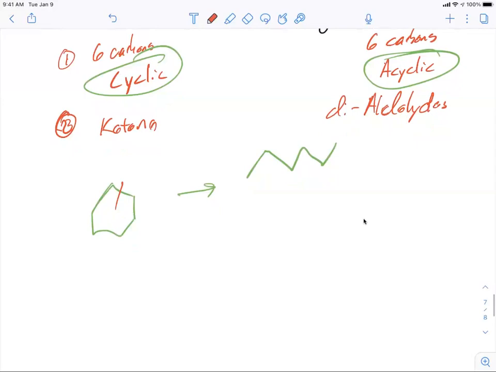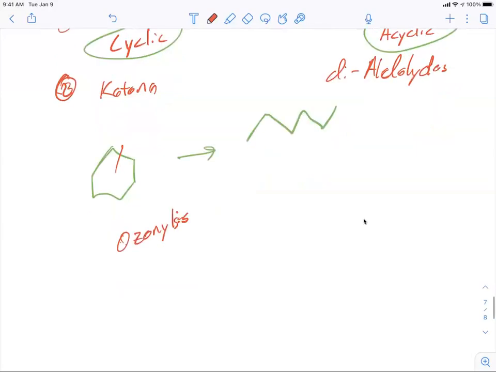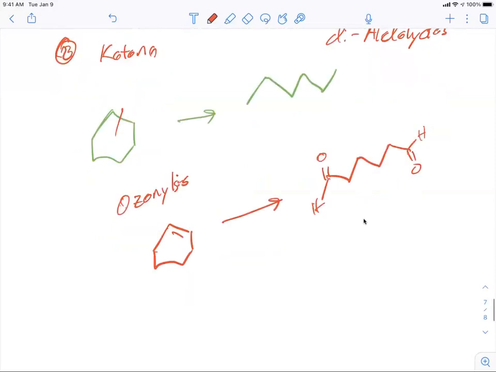So one of those is ozonolysis. If I had this, I could end up with this, right? So that's one. Another one is Baeyer-Villiger.